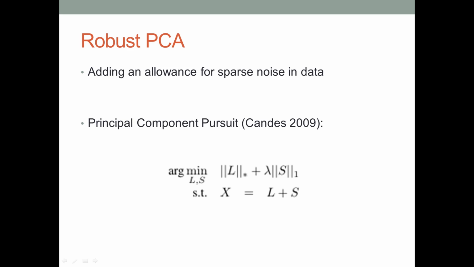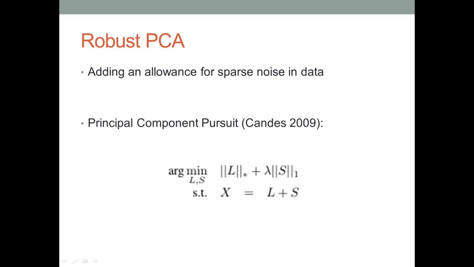So a technique that has been more recently adopted to accomplish this is called robust PCA. It's basically an extension of the classic principal component analysis, except that it allows for sparse noise to be placed on top of the data.